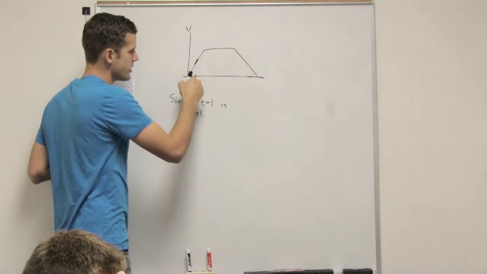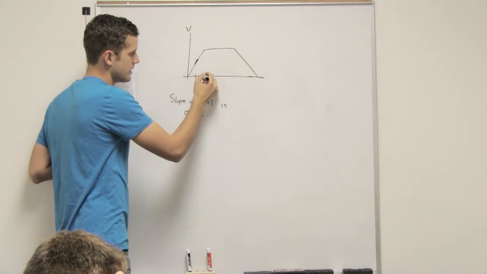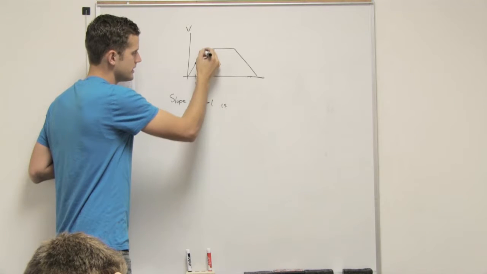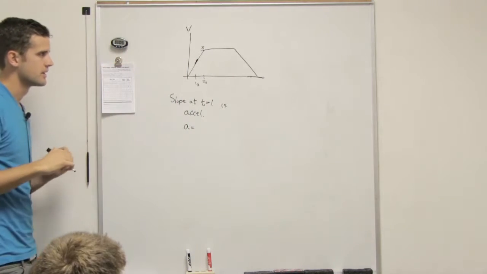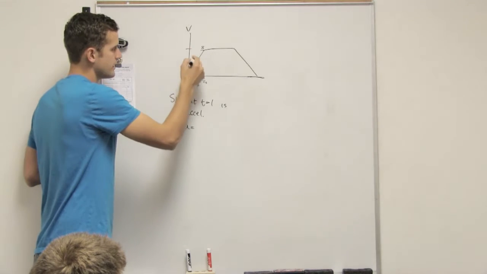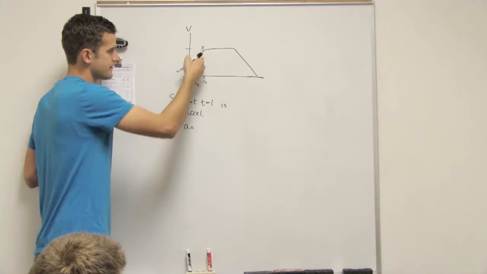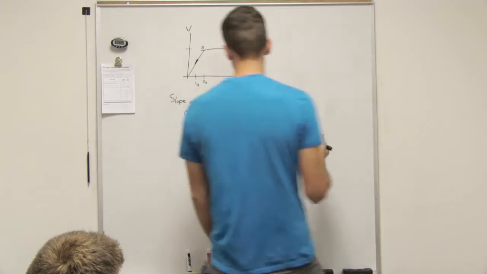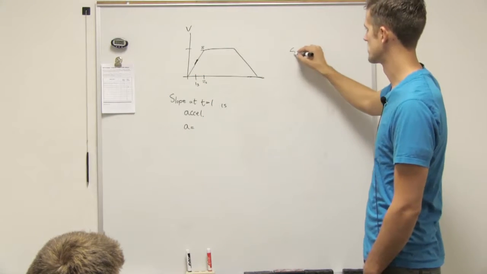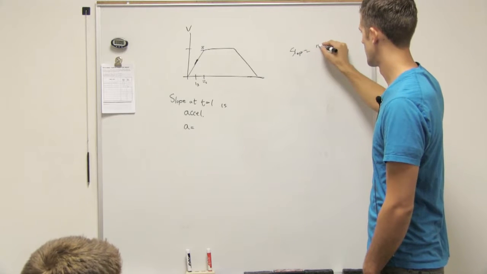So we don't know what the value at 1 is, right? But we do know at 2, it's going to be 8 up here. And then this is just a straight line. So if at 2 it's 8, what's your slope going to be if you use rise over run?